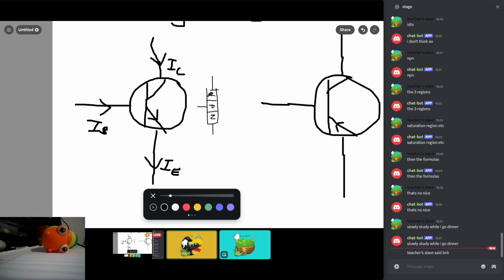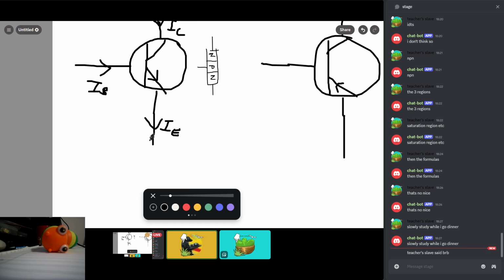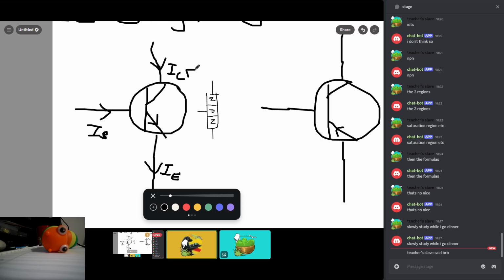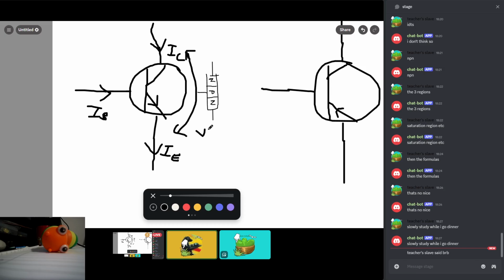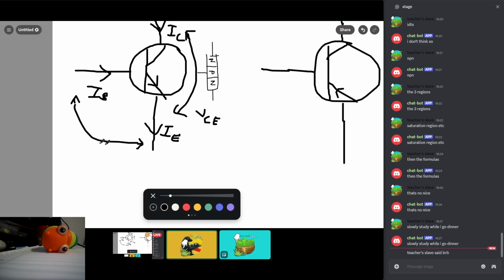And I forgot to mention, these legs of the transistor have names. This is the collector leg, this is the emitter leg, and this is the base leg. So that's for current, and then there are two voltages you need to know. The voltage from C to E is called VCE, and the voltage across B and E, B as in base and E as in emitter, is VBE.